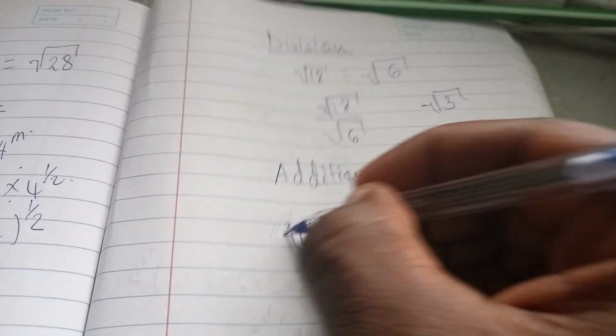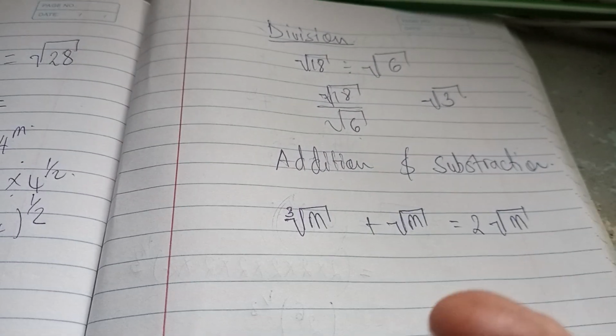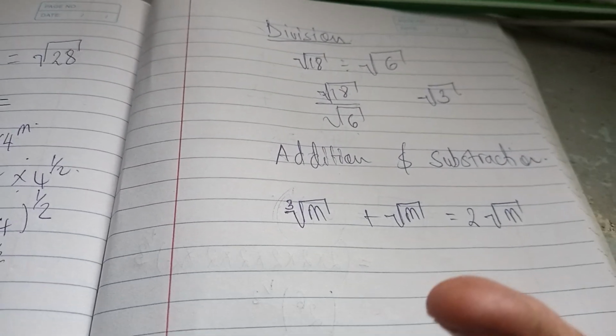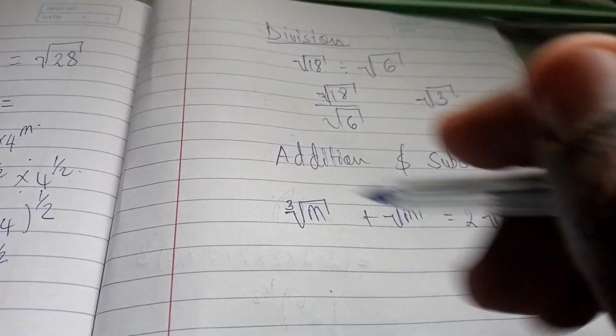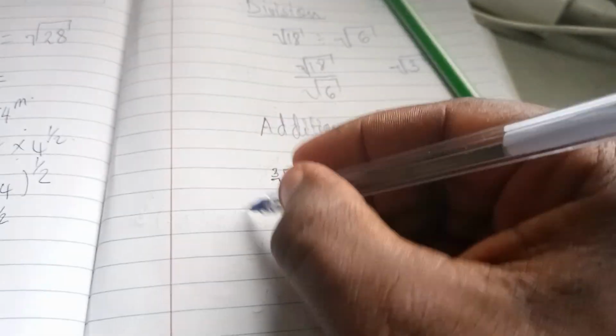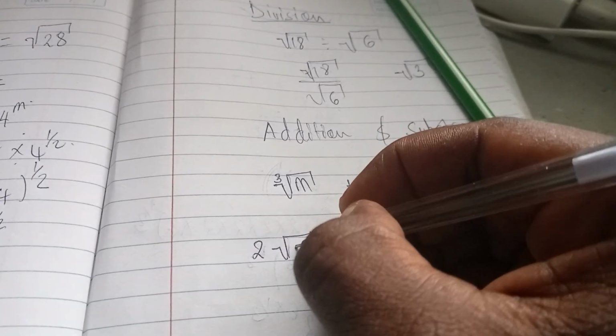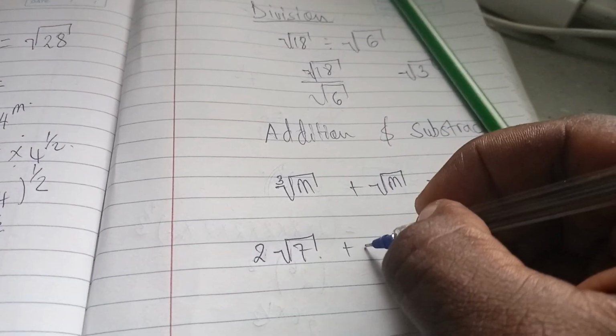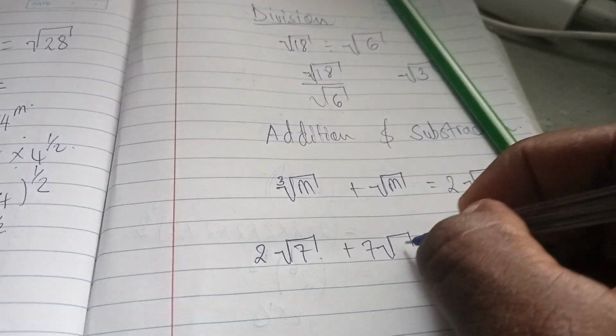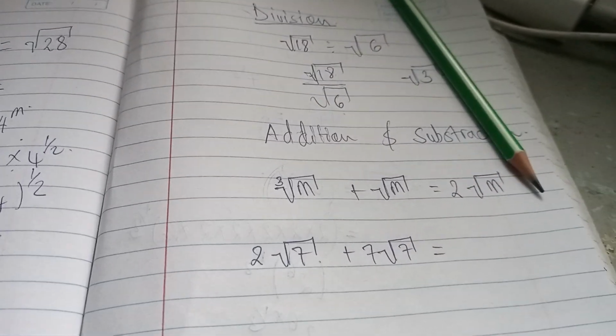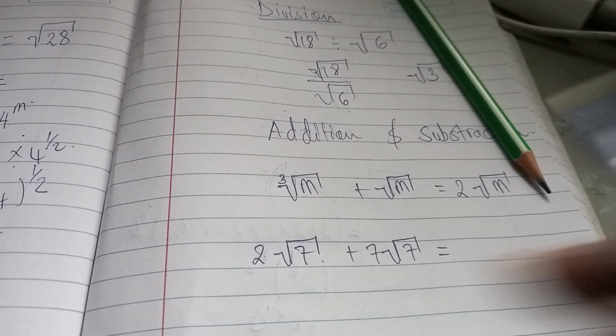So if this one is a cube root and this is a square root, we can do nothing. We can't add them or subtract them. They have to be the same. What if we have, say, root 7 plus 7 root 7? Again, we treat them just like variables in algebra.